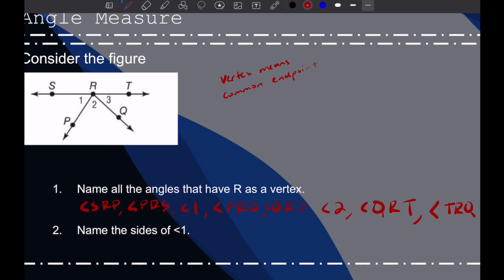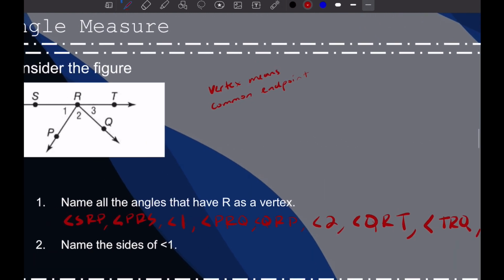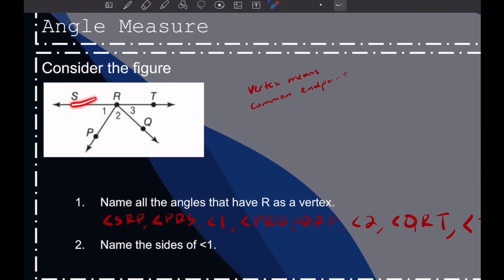Okay, so we're pretty much done with those angles there. But remember, we can see there's actually an angle here too. So how do I name that? I think I'm missing something. I'm supposed to write angle 3 there. Okay, so we can call this angle SRQ, or you can call this QRS.